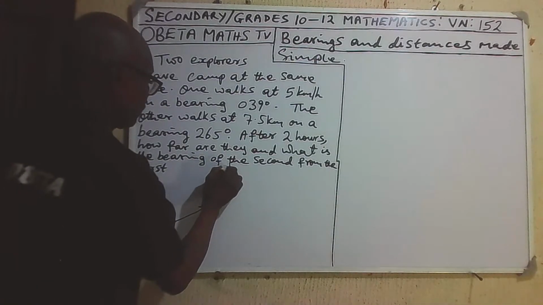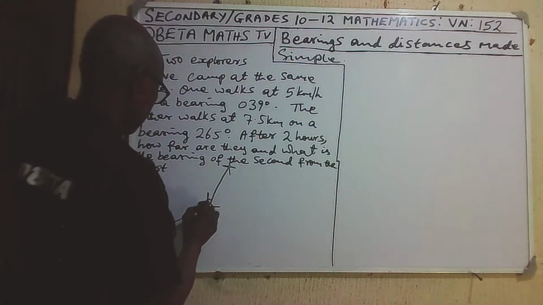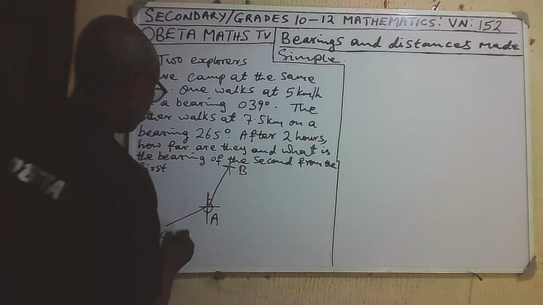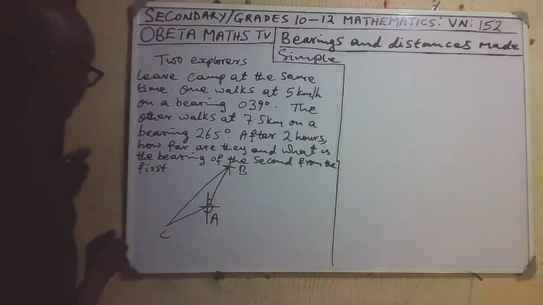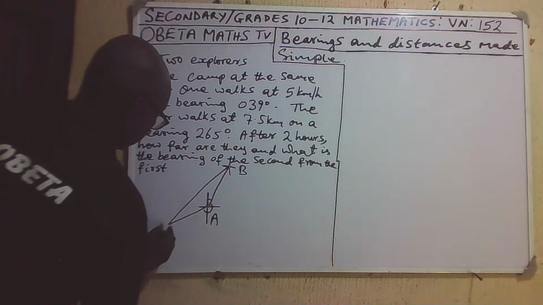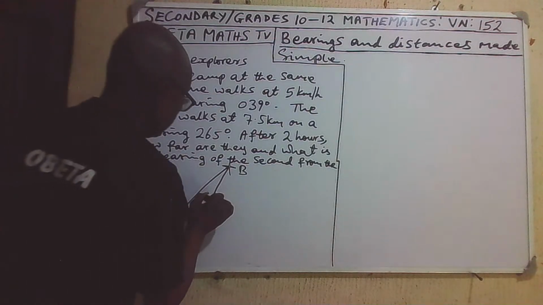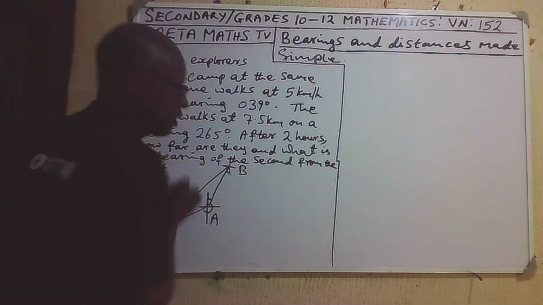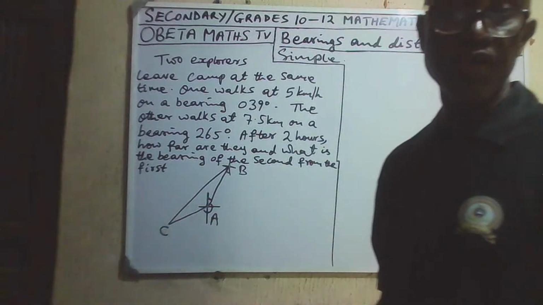Assuming that we have this, let's take these points to be A, B, and C. So in other words, we are talking of this. Now, say this is 39. This angle here is also 39. I hope you are seeing what I'm showing.